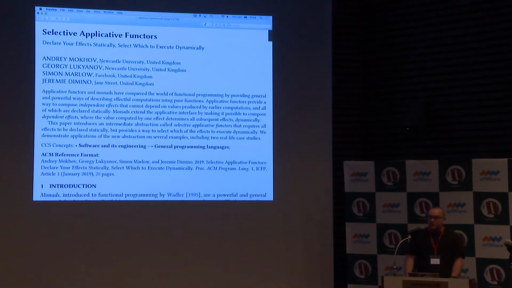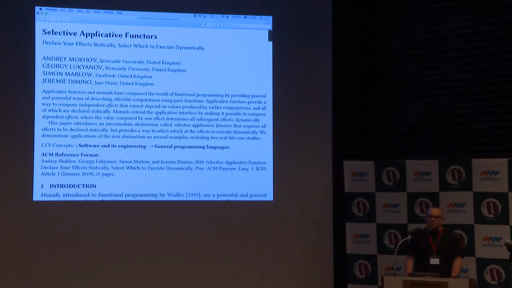Possibly, if you're a Haskell programmer, you might be familiar with the optparse-applicative library for parsing command line options. That uses the applicative functor interface to help you describe the command line arguments that you want to accept, and then it can parse them at runtime, but it can also generate help text. Generating help text is a really good example of the case where you need to be able to statically analyse this value.